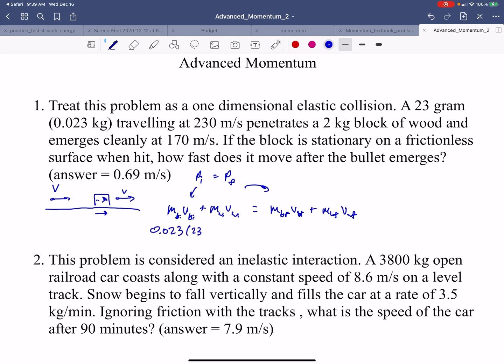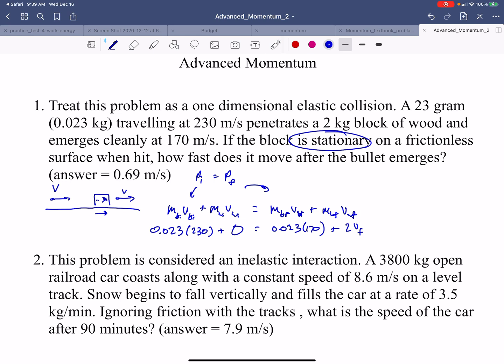Okay. So the initial momentum of the system is going to be 0.023 times 230. Now, the wood block was at rest. It was stationary, so I'm just going to put 0 for the initial momentum of the wood. The bullet is going to emerge with less velocity than it originally had, and the wood block is 2 kilograms. Okay, there it is.